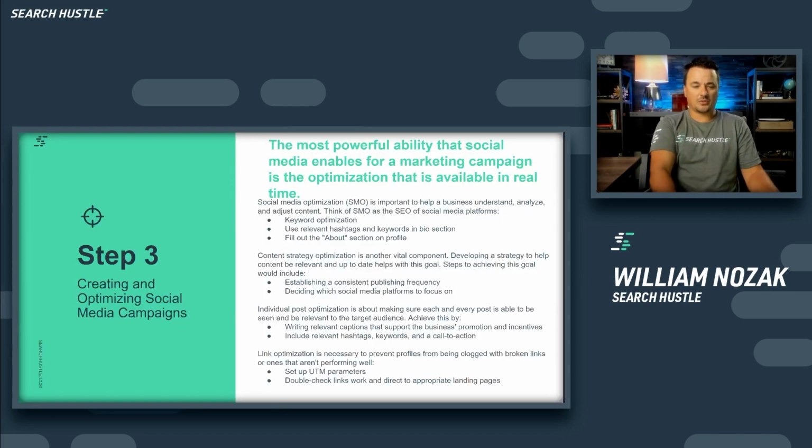Creating and optimizing social media campaigns. This is a frequency, understanding that we need to optimize for keywords, obviously, and then we're going to use hashtags. We're going to put information in the bio, fill out the about section.